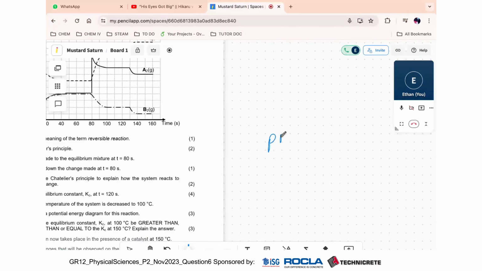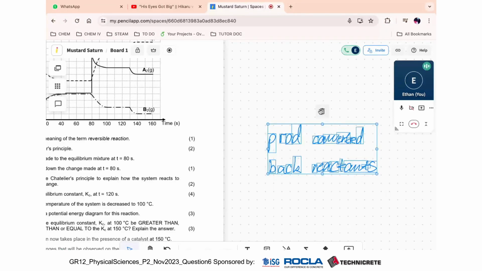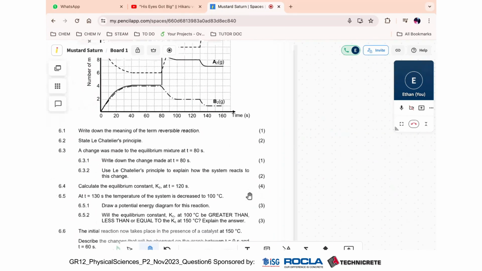So, just for 1 mark, products converted back to reactants. However you phrase it, as long as you include this, you'll get the mark. Okay, that's basically the gist of that question.